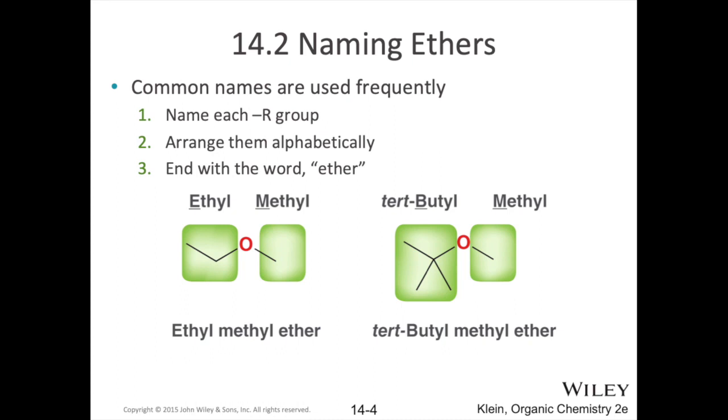So for example, if you have an ethyl group and a methyl group, well, you start off with the ethyl group that starts with an E, so it's ethyl methyl ether. Okay, here we have a tert-butyl group and a methyl group. We alphabetize that with a B for butyl, not with tert, so it's tert-butyl methyl ether. Okay, now, please note, these are common names. These are not IUPAC names, okay?